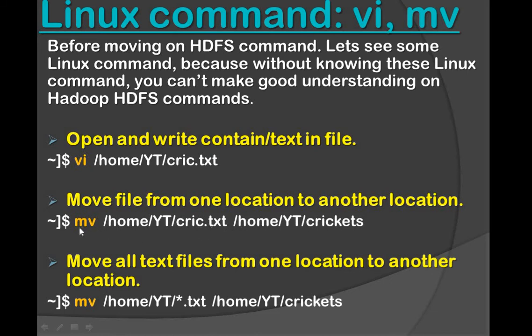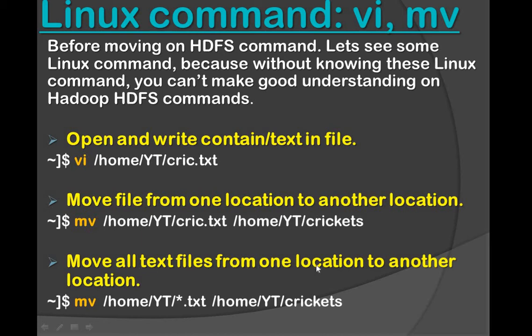Like I use here mv space slash home slash yt slash crick.txt space slash home slash yt slash crickets. So I am going to move crick.txt file into crickets folder. Like this way we can move our file to any other location. So let's see next things in mv command.